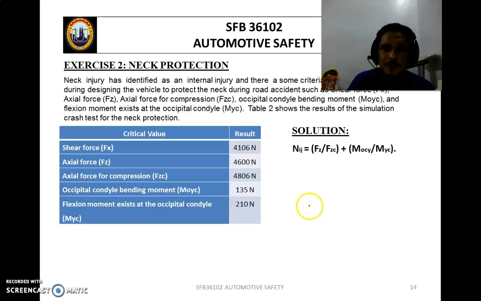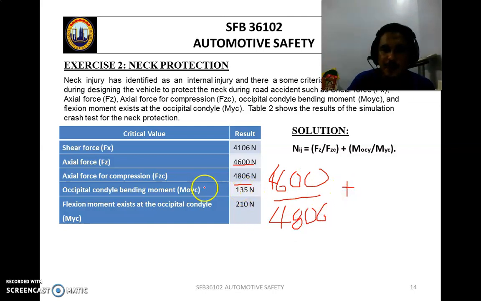For example, this is how to calculate the NIJ. Here FZ is 460, FZC is 480, so 460 divided by 480, plus 135, the MOY, divided by MYC, which is 210.